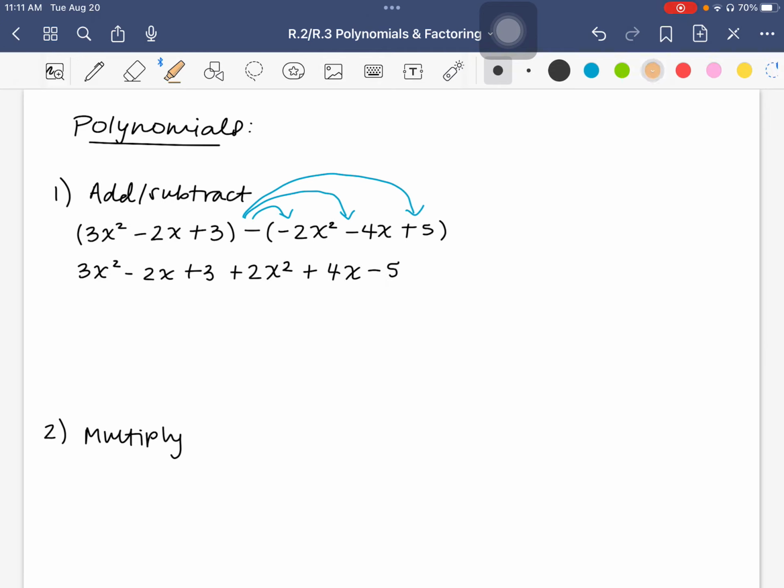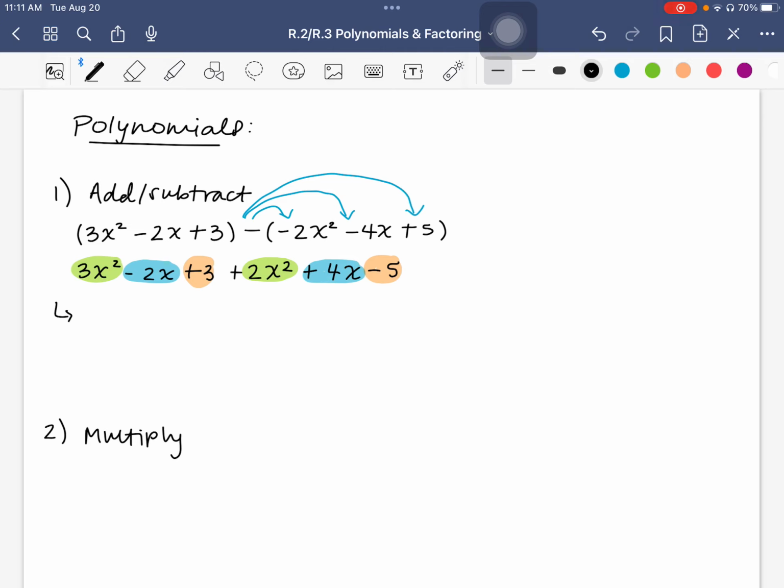Now what we want to do is combine our like terms. So those are terms that have the same variable and same power. So for example, we have our 3x squared and our 2x squared. Those are like terms. Then we have our minus 2x and positive 4x. Those are going to be like terms. And lastly, we have these two constants here, our plus 3 and our minus 5.